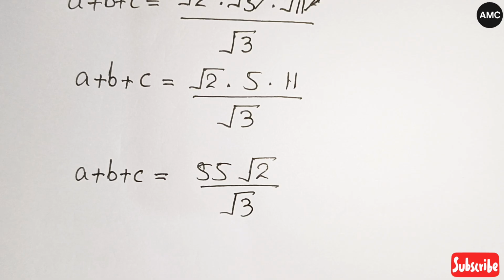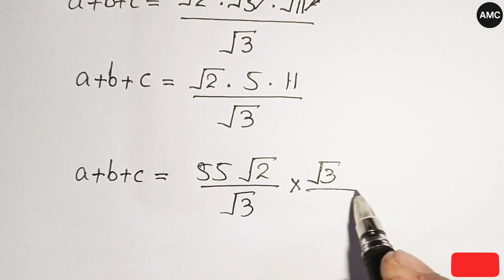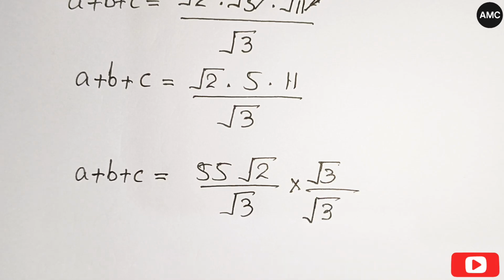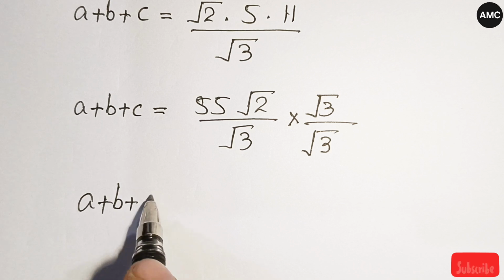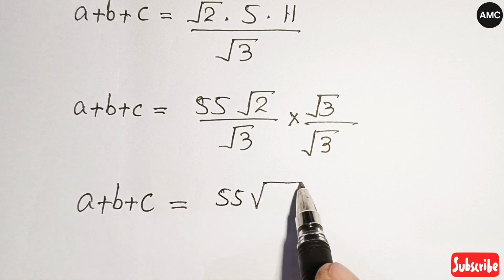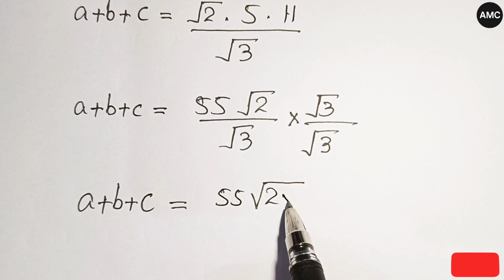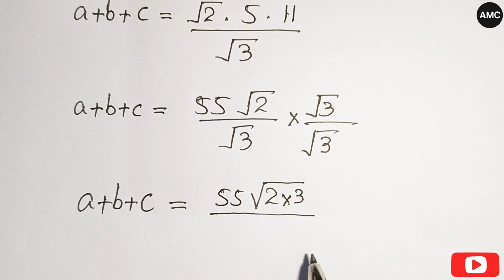Now if we multiply and divide by the square root of 3, so multiplying by square root of 3 and dividing by square root of 3, here we have a + b + c is equal to 55 times 2 times square root of 3. We can write together under the same square root.